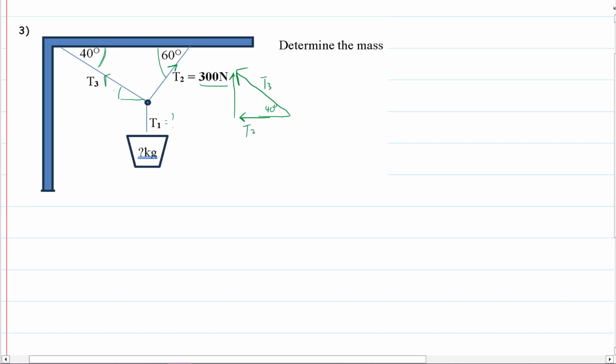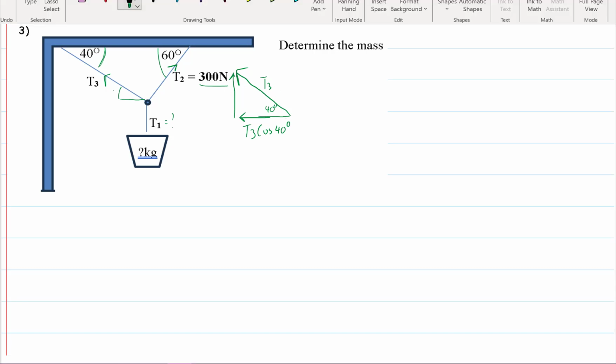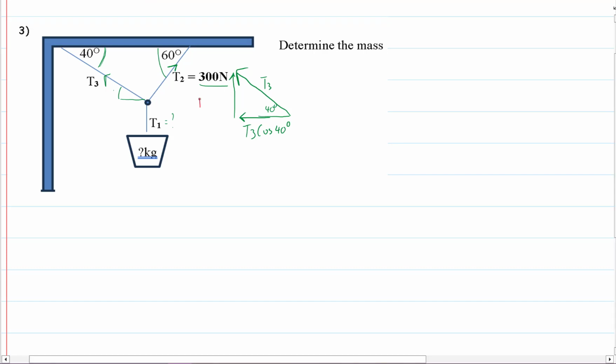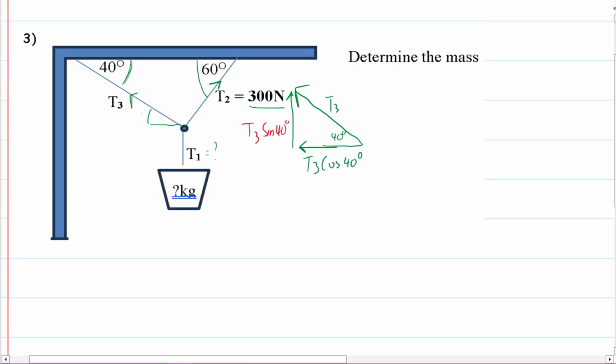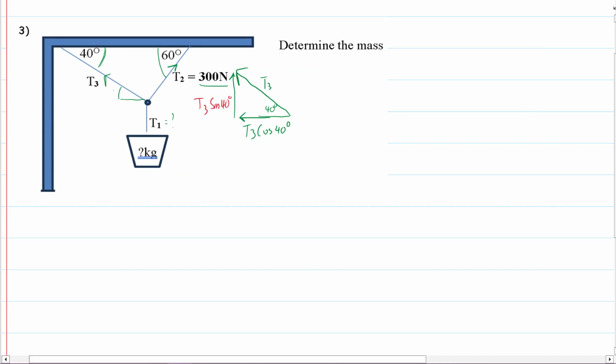This will be T3 times the cosine of 40, and this is going to be T3 times the sine of 40. And that's the vertical component of that. Let's just move that one over. It looks like it's getting a little close to our diagram here.